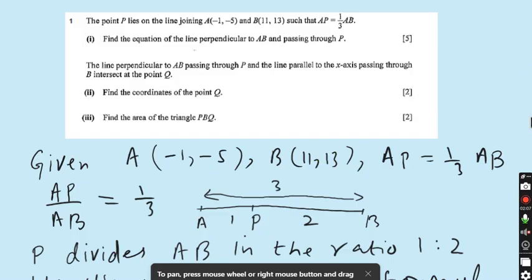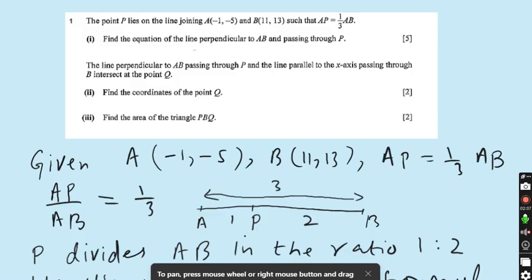Students, given that the coordinates of A are (-1, -5), coordinates of B are (11, 13), and AP is equal to 1/3 of AB. So you can write AP upon AB is equal to 1/3. You can say the ratio between AP and AB is 1 is to 3.